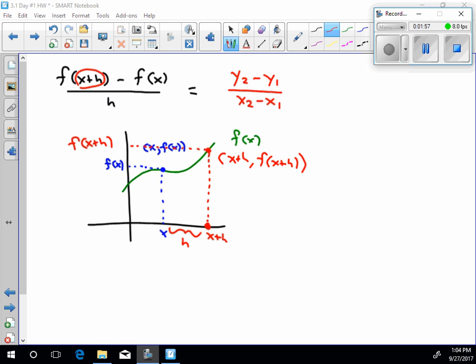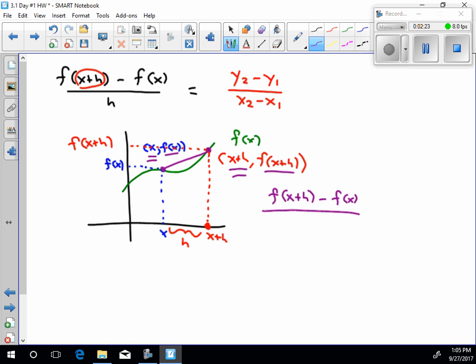So if I want to find the slope between those 2 points, from there to there, I'm going to take y minus y over x minus x. So y minus y, here we go, f of x plus h minus f of x, and x minus x, x plus h minus x.